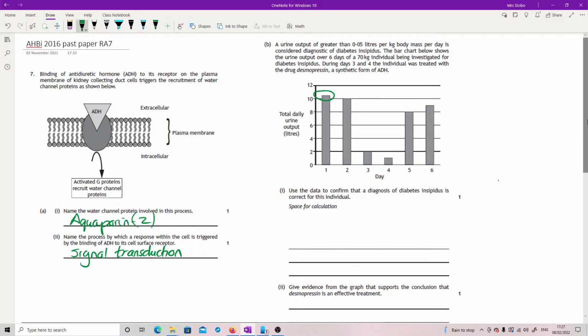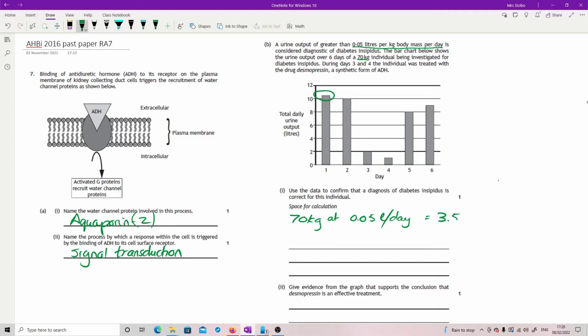Okay, so this individual, it says, if urine output is greater than 0.05 litres per kilogram of body mass per day, it is a 70 kilogram individual. So what we're looking for is just 70 times 0.05. Okay, so this 70 kilogram individual at 0.05 litres per day would be 3.5 litres.